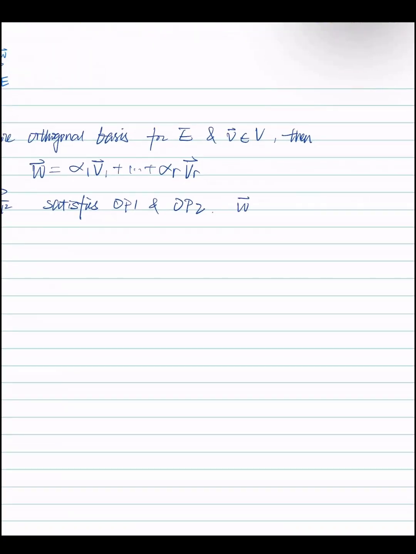And in this case, such W is the projection of V onto E. So basically this proposition is saying that the projection of V on E equals the sum of V comma VI over the norm squared multiplied by VI, I from 1 to R.